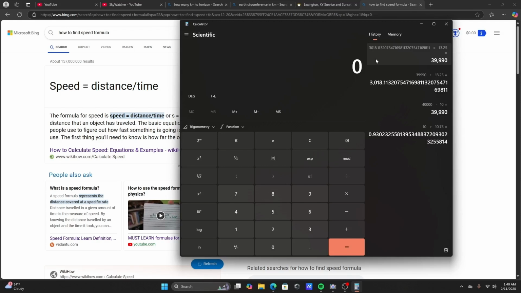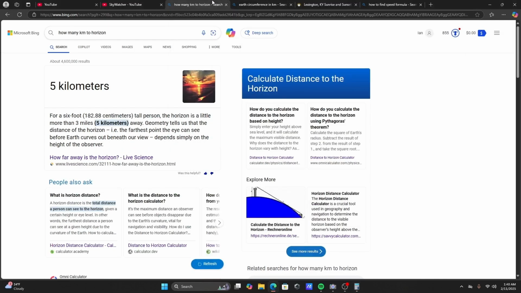Like, the view is very small. That 5 kilometers is 3 miles in the imperial system.